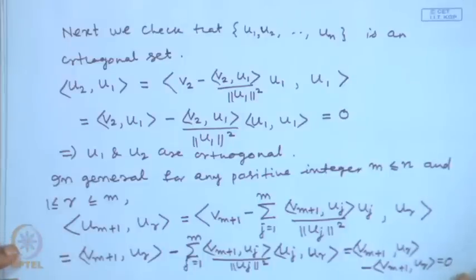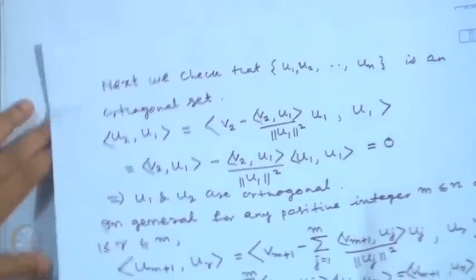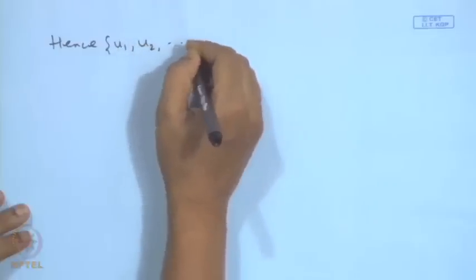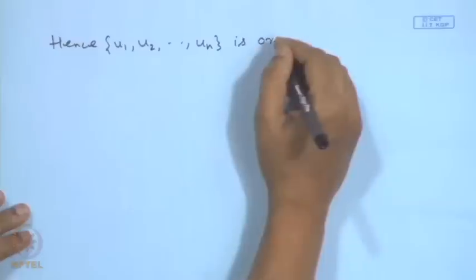So, this shows that the vectors u1, u2 to un form an orthogonal set. This is how we construct this set u1, u2, un, which is orthogonal.